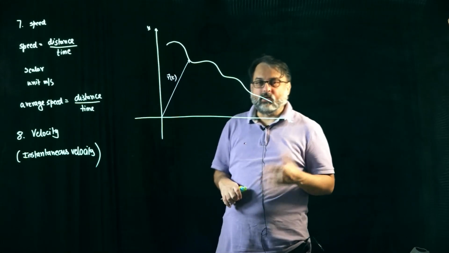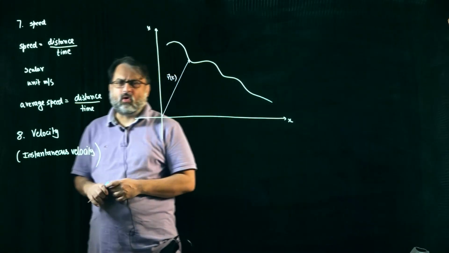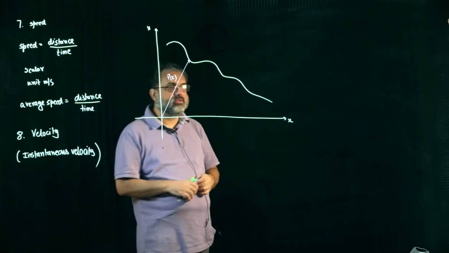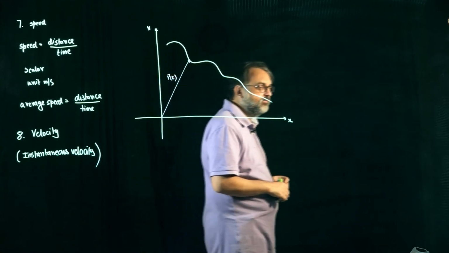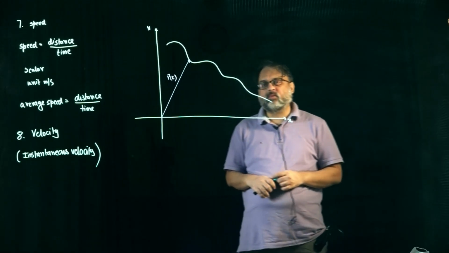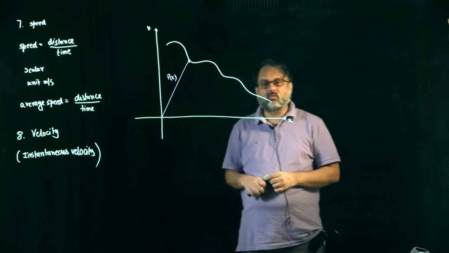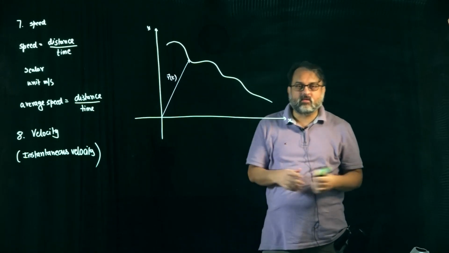But most of the times, not all of the times, it is very important to know the details of motion. So it is not only important for me to know when I left the institute and when I arrived at home.